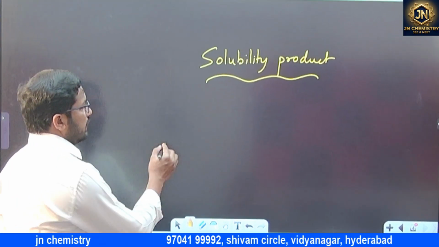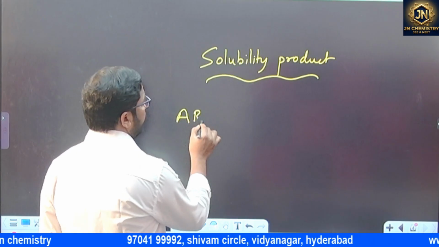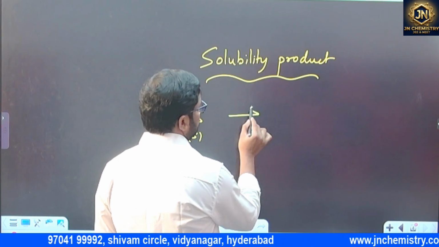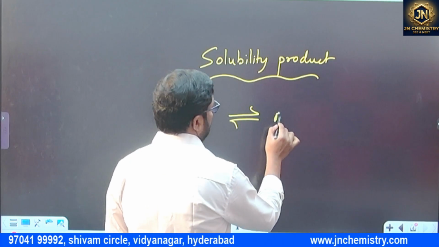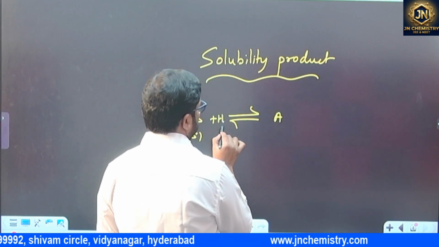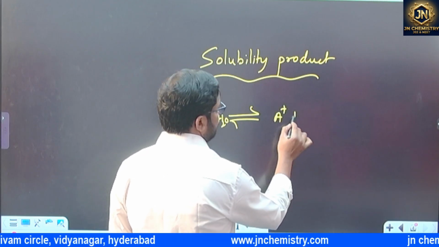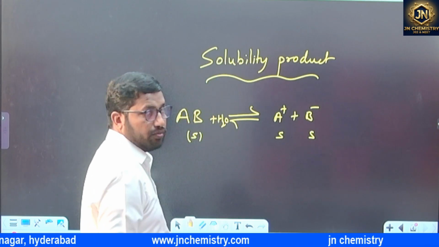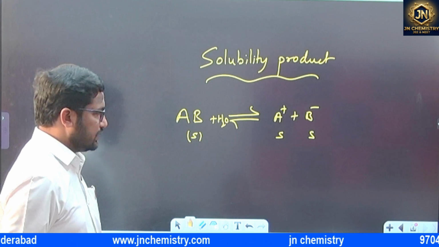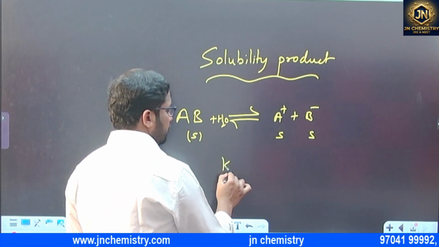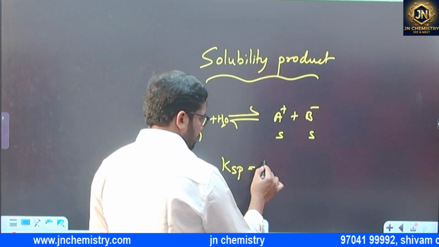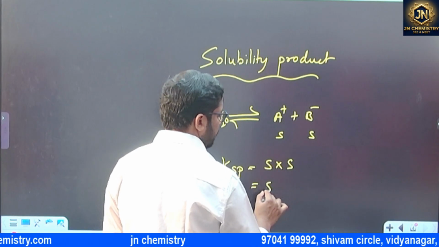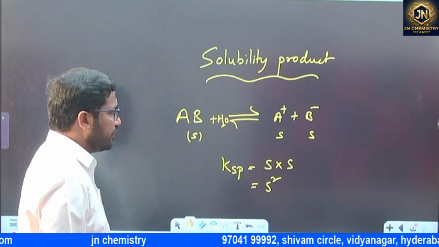For example, write like this: AB type, solid, after dissociation, gives A+ plus B-, with solubility S. I am taking S. So now Ksp is equal to S into S, which is S squared.